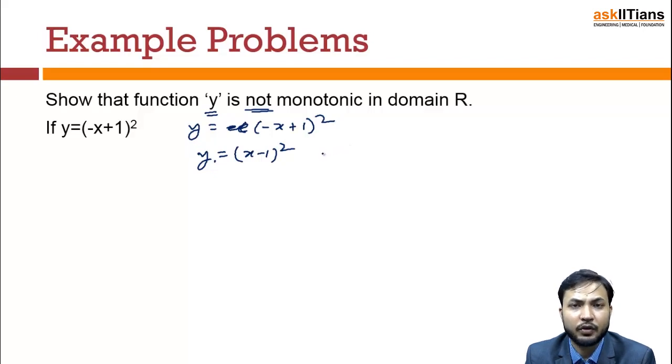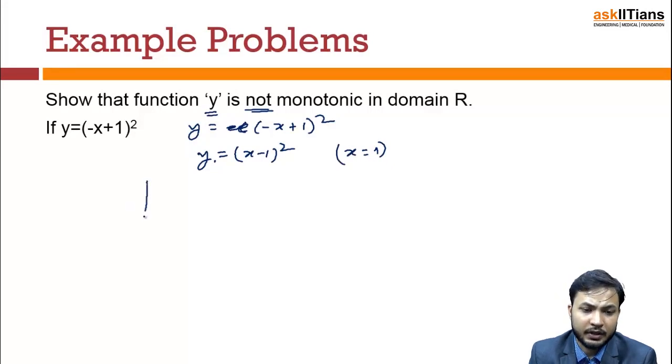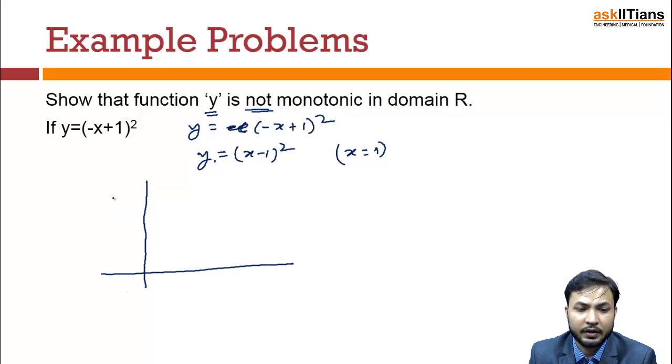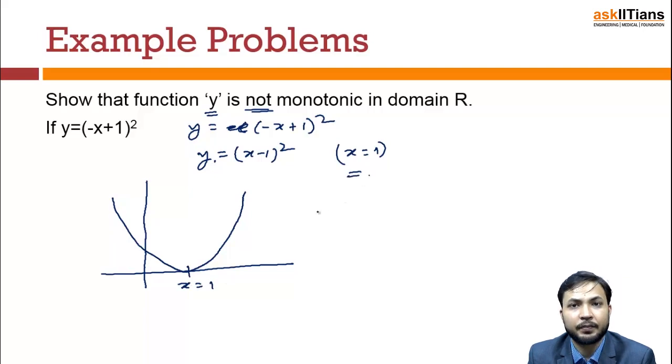I need to first figure that out. If you solve it, its point of inflection is at x equals to 1. Similarly, in the graph, if you plot it, it will come down something like this, and at x equals to 1 you will get the point of inflection.